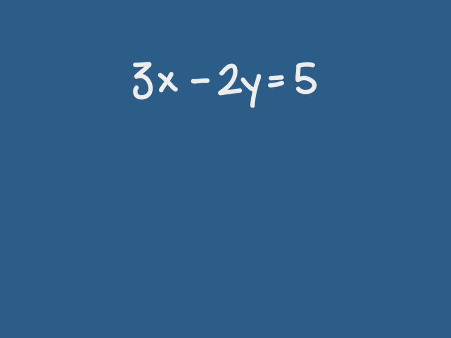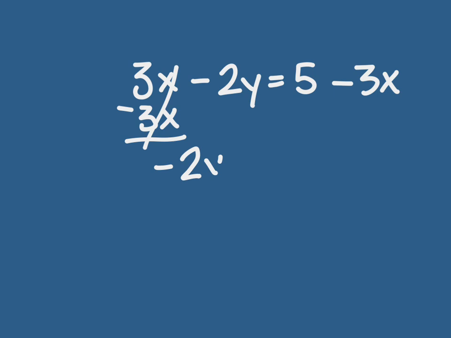Okay, for my next equation, again, I'm going to get rid of any term that is next to the term I'm solving for, which is y. So I'm going to subtract 3x on both sides, and here I'm just going to write it next to it. And I'll bring down my negative 2y equals, and I'm going to rearrange the negative 3 and the 5 so that they wind up in the correct spot.